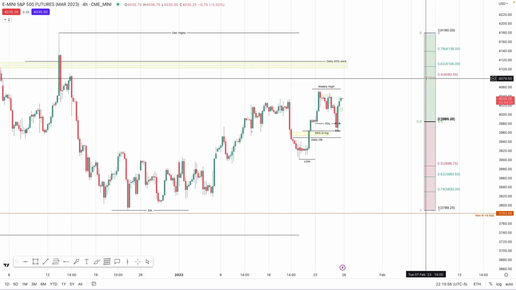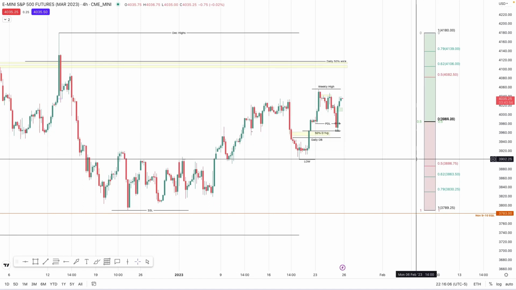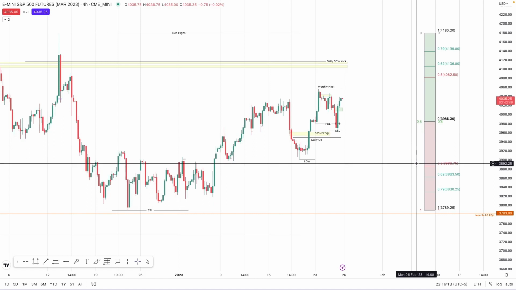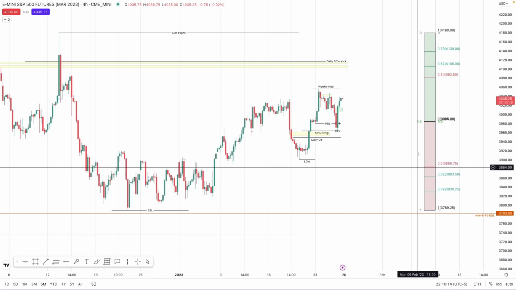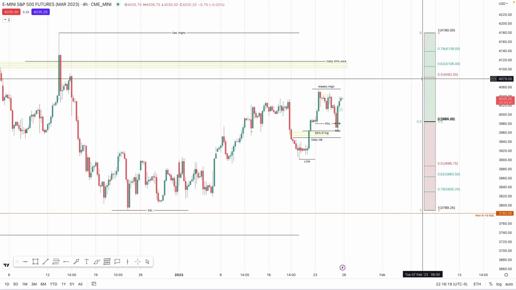Okay, so this last move down, you can see that price moved just below into discount, and the time before that we were deeper in discount. So what I'm looking for is something that's going to target this first area in the premium.